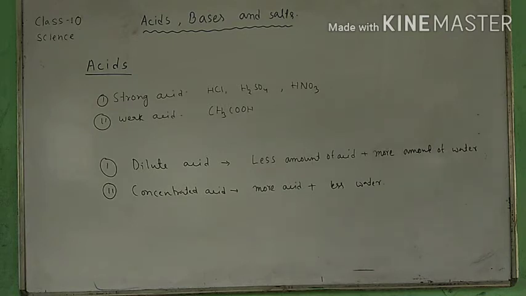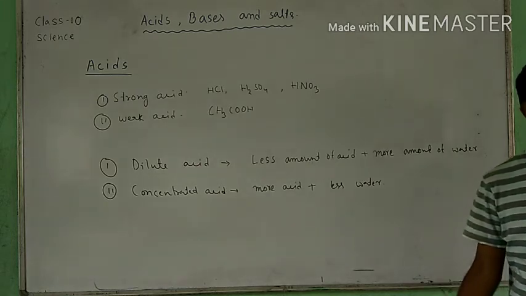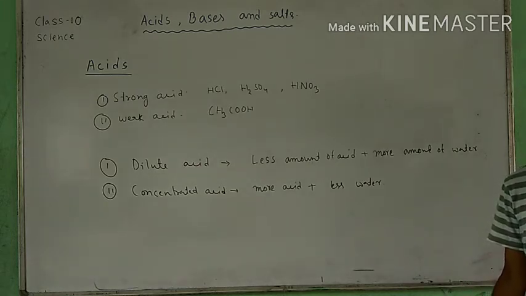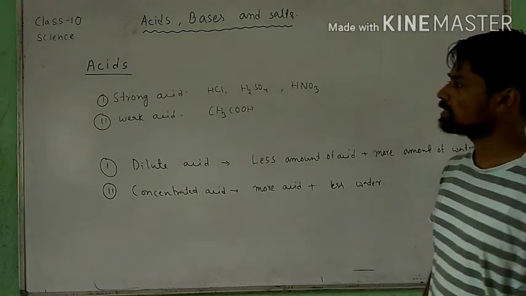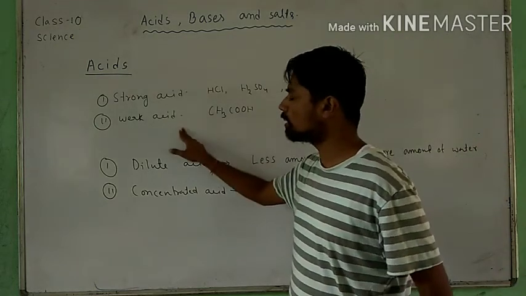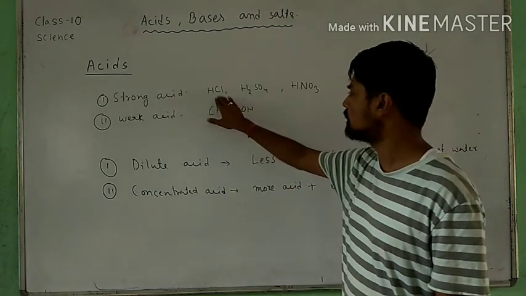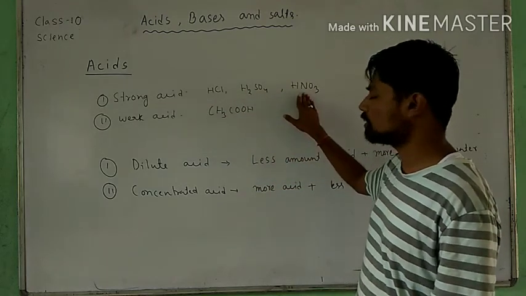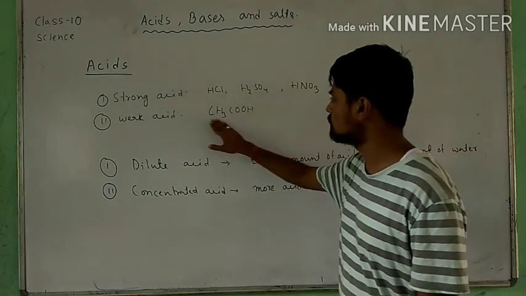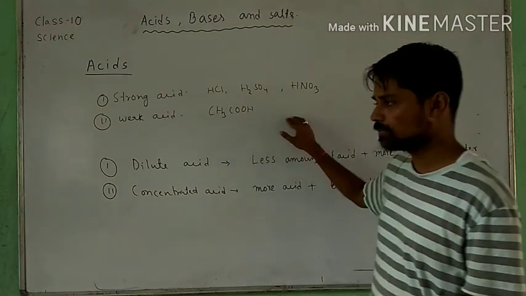Which are the properties of acid? They are sour in taste, they change the color of blue litmus to red, and they produce H positive ion in water or aqueous solution. Again, acid can be classified as strong and weak. Strong acids are HCl, H2SO4 and HNO3, and an example of weak acid is acetic acid.